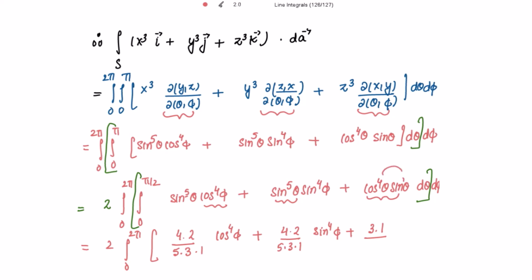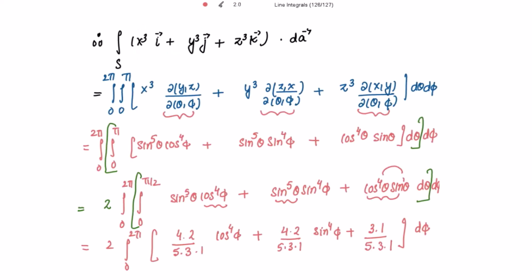We have to add these two powers for the denominator and then subtract the even numbers from this power. That is from the addition of this power, that is 5. So 5 minus 2 is 3 and 5 minus 4 is 1. Let's stop here. And writing d phi. So this becomes 8 divided by 15 cos the power 4 phi.